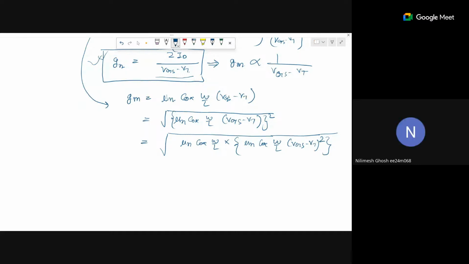Now see, if I write like this only, let's say 2 into mu n Cox W by L into 1 by 2 mu n Cox W by L, VGS minus VT whole square. Can I write like this? I just multiply by 2 and divide by 2.